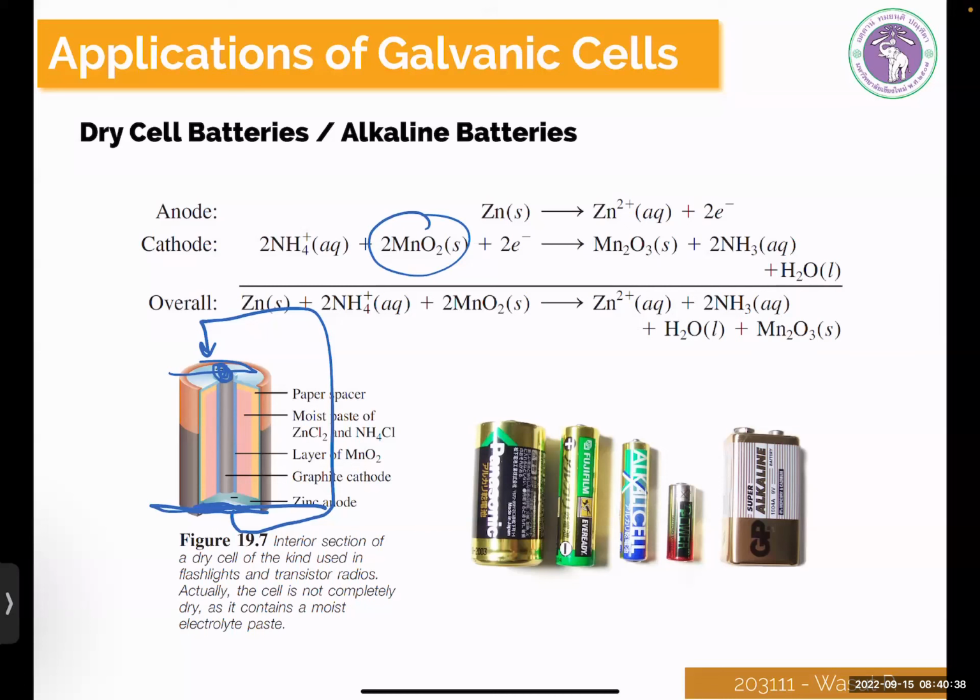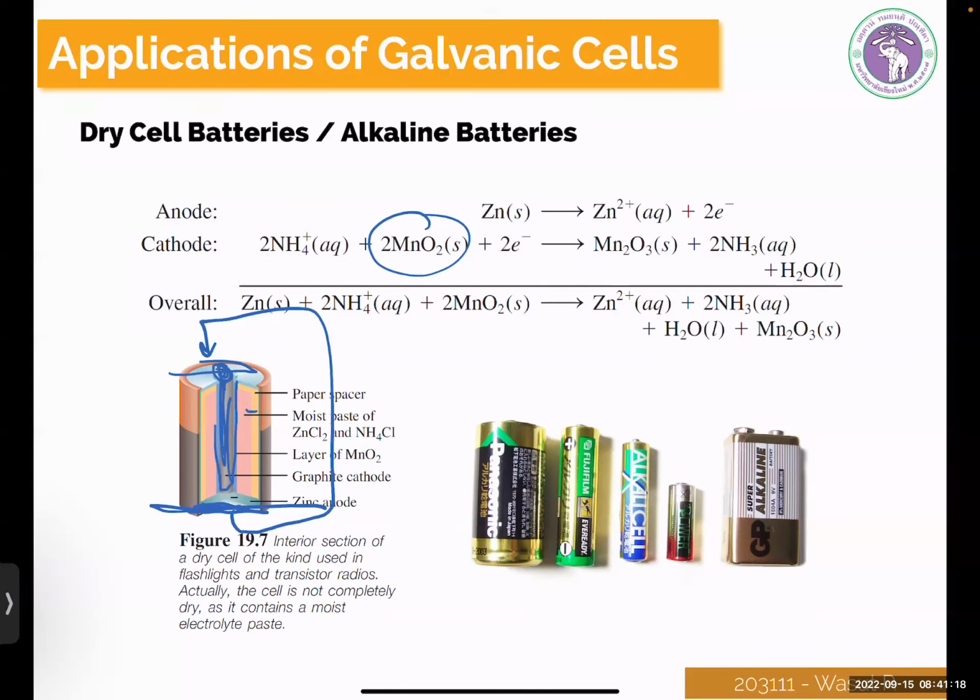So basically, this rod right here is the rod of graphite, which is the electrode, and then you have these layers of zinc and ammonium, and then you also have the layers of manganese oxide that cover the graphite cathode, providing a source for the electricity on the cathode side. Okay, so that's how this type of battery works. That's why we call it alkaline batteries, because it exists in basic conditions.